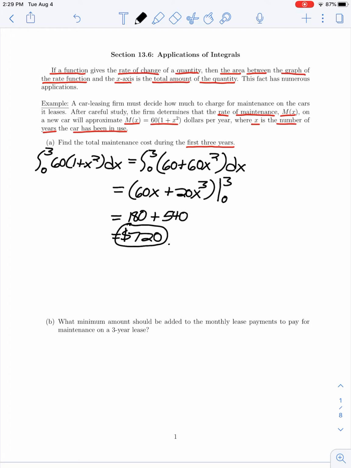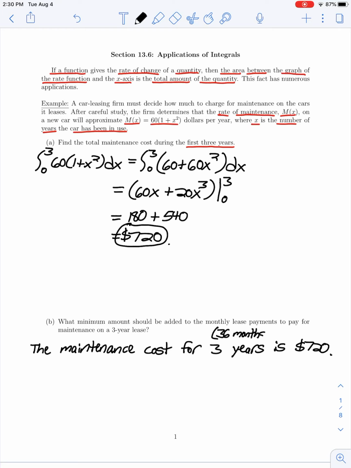So here, using our result from part A, we can say the maintenance cost for a 3-year period is $720. If we're talking about a monthly charge, our 3-year period would be 36 months, since there are 12 months to a year.